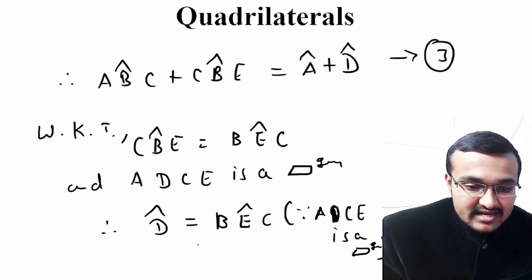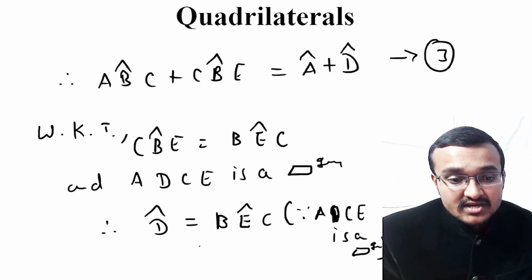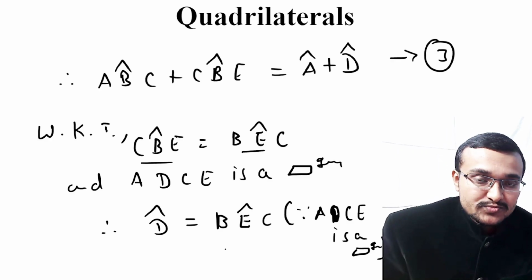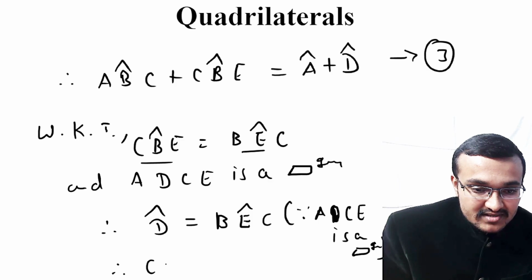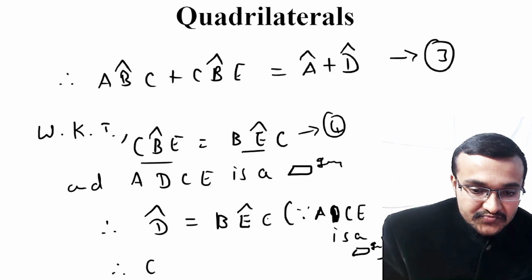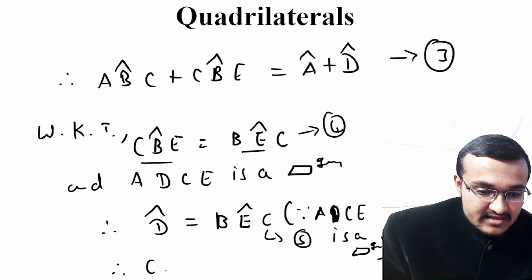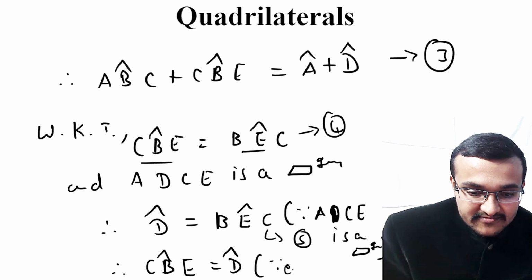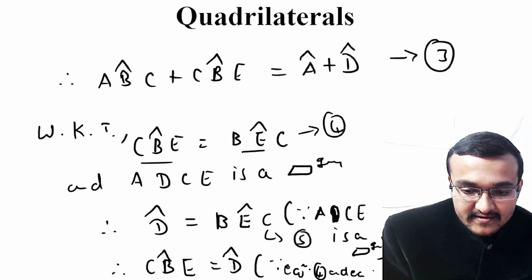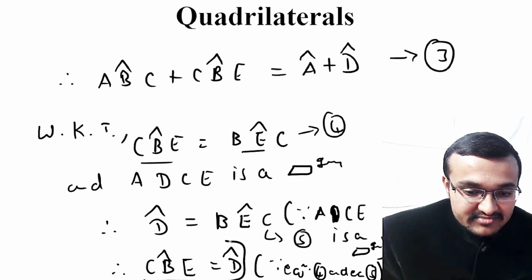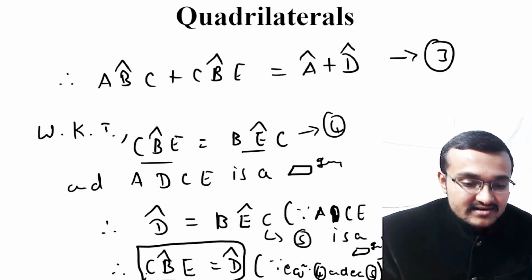Since D is equal to BEC and also CBE is equal to BEC, we can consider these as equation 4 and equation 5. Therefore angle CBE is equal to angle D because of equations 4 and 5.